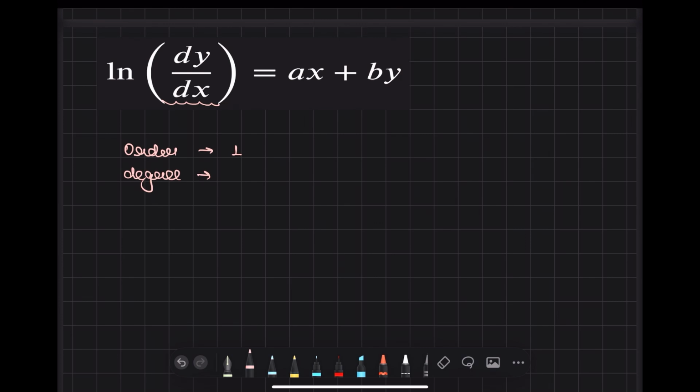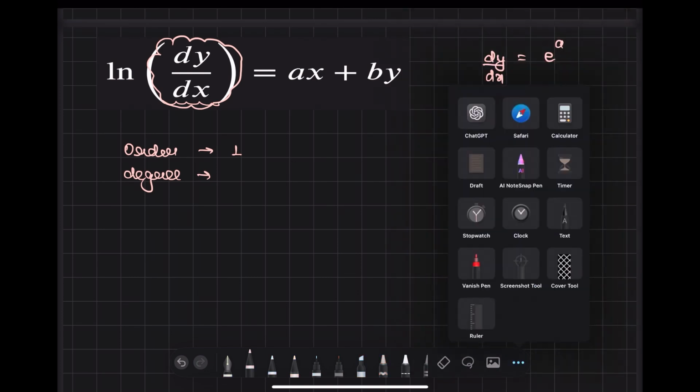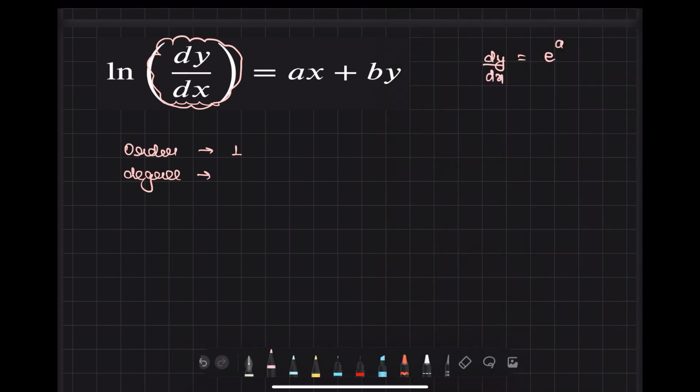This is inside the argument of log, so you have to take it outside. So you will take e on both sides. Look at this, what we will be left with: dy by dx is equal to e power ax plus by.